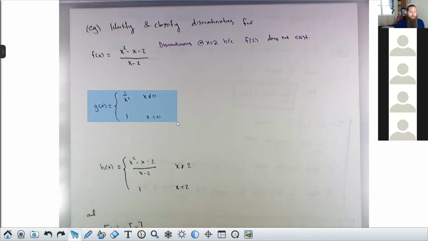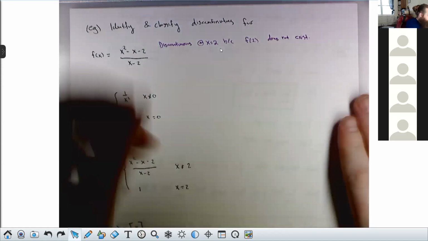All right, what about g? I think it may be helpful to graph this. In fact, let me hold on. Before we move to g, let's classify the discontinuity at x equals 2. So is it going to be an infinite discontinuity, a removable discontinuity, a jump? How would we do that?